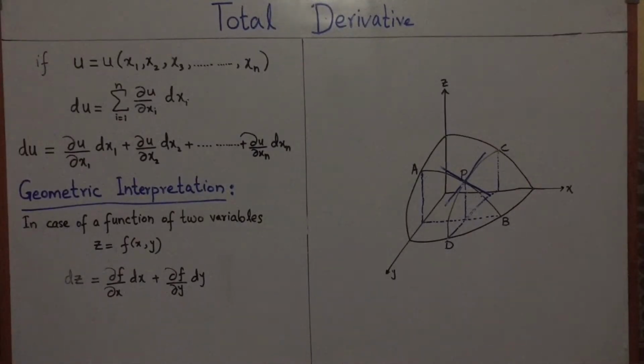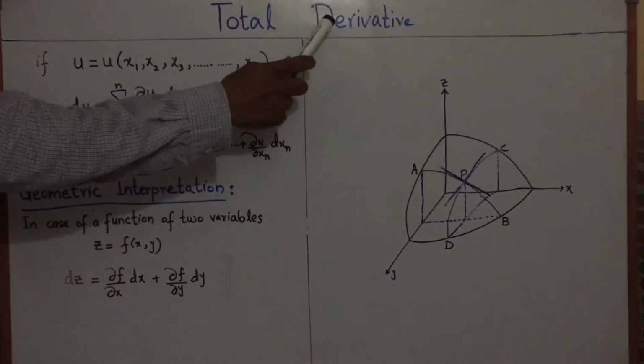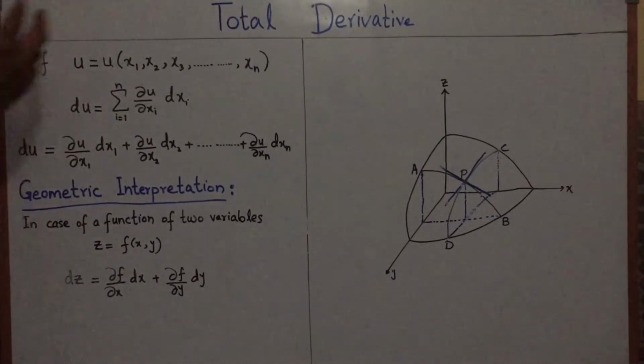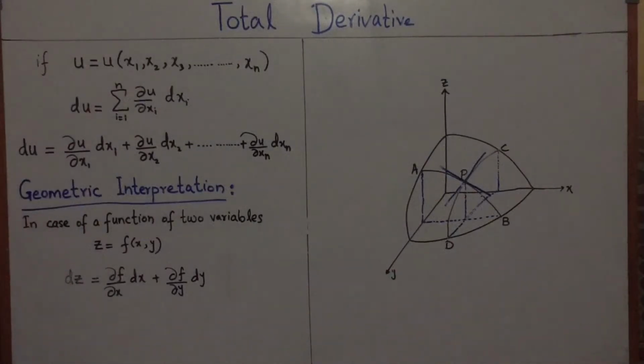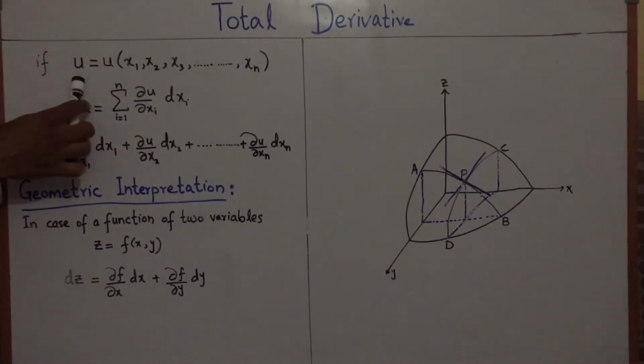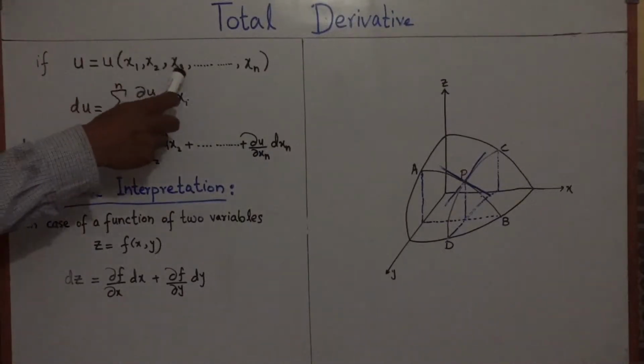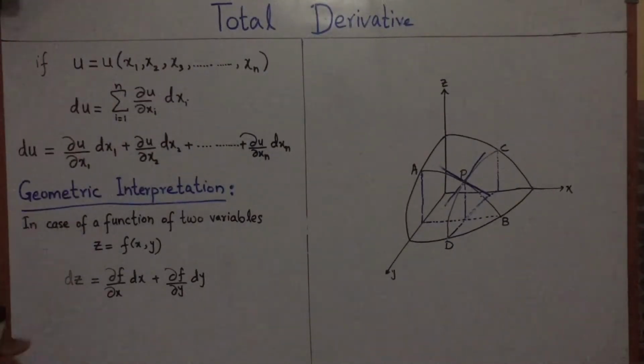By the way, we know we can take a derivative only of a function. Actually, we are looking for the total change in a function or in a system. So we have a function u, and u is a function of x1, x2, x3, and so on, xn variables.